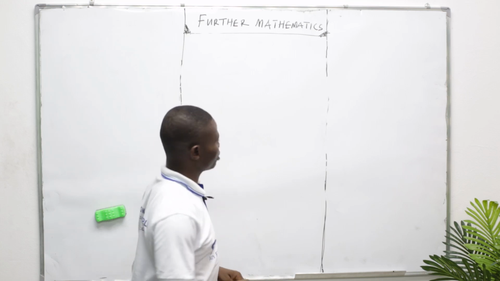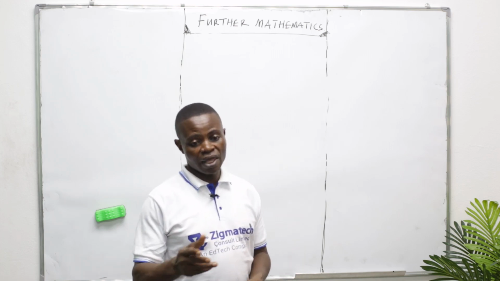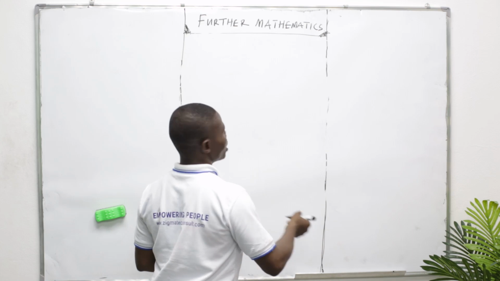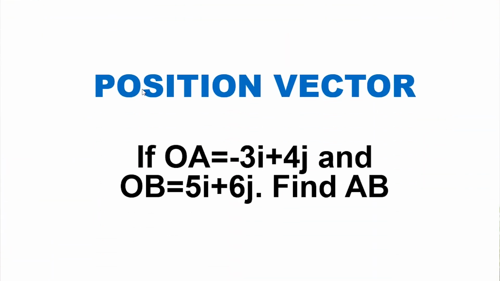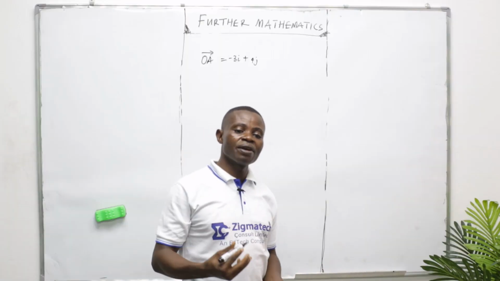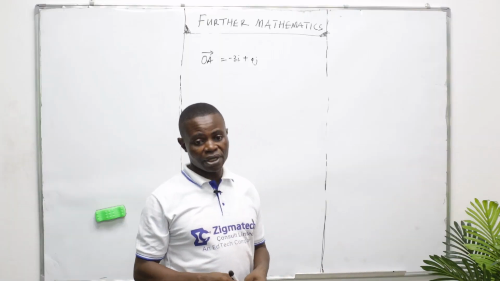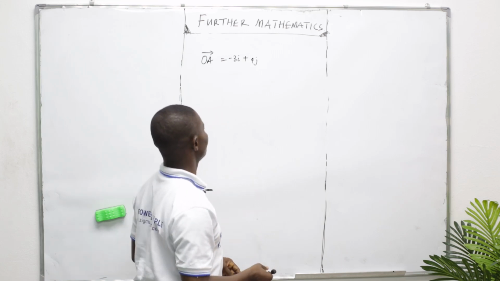Now, position vector. In position vector, we're going to consider triangle in our drawing. Given that if AO equals minus 3i plus j, don't be scared when you are seeing i and j. It's the normal x and y axis, you know. i represents x, j represents y, and that's all.